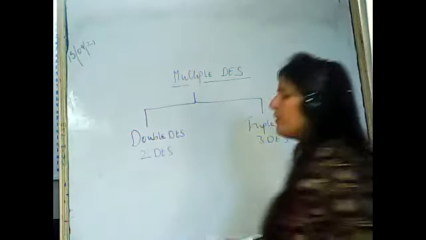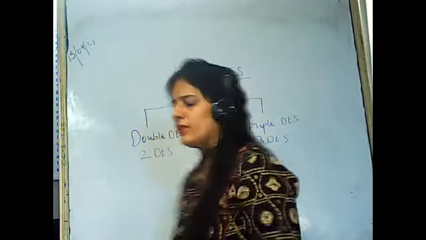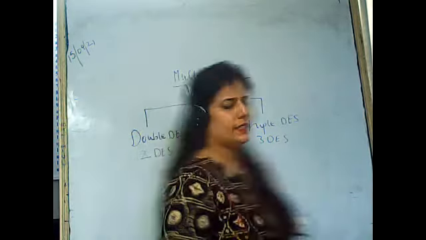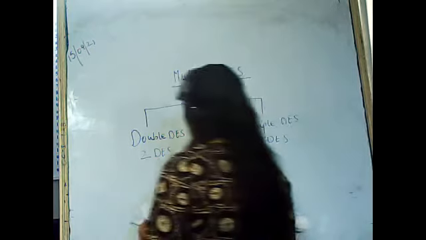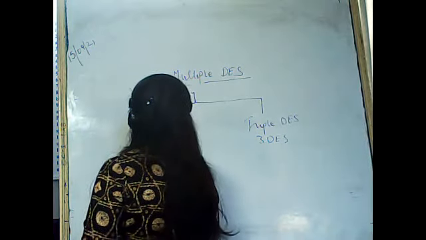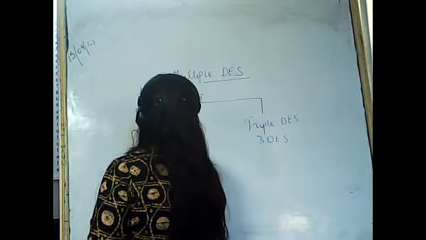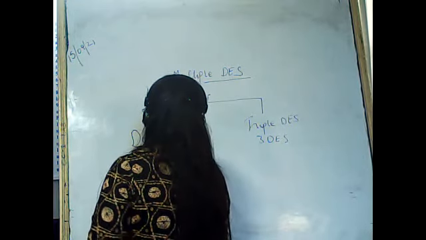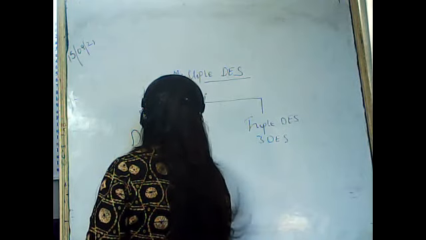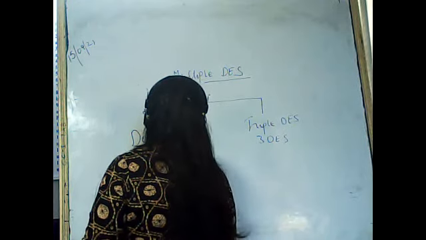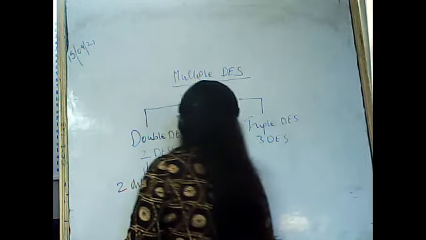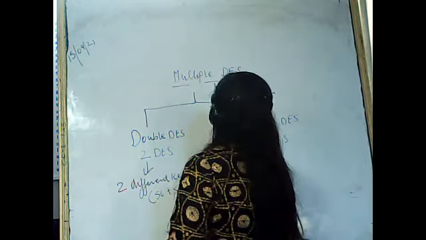Okay, so we will start one by one, starting with double DES. In 2DES, we use two different keys, and both keys are of size 56 bits, 56 plus 56. So in total we have a 112-bit key here.